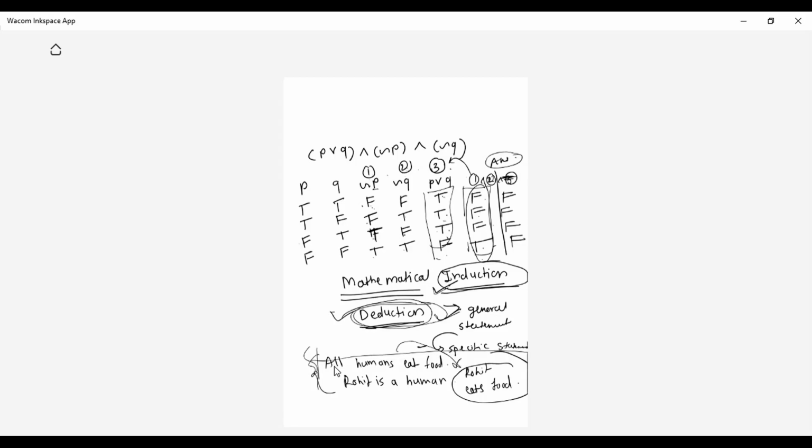Now we will move to induction. What is induction? Induction is specific statement to general statement.